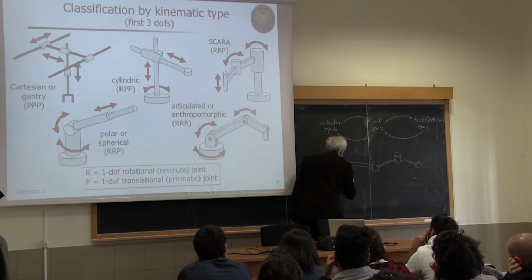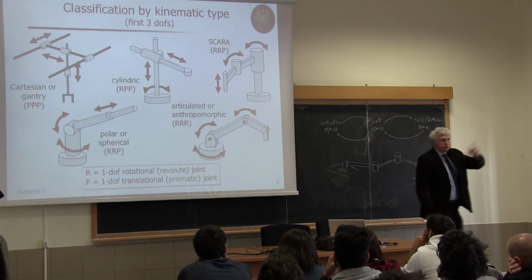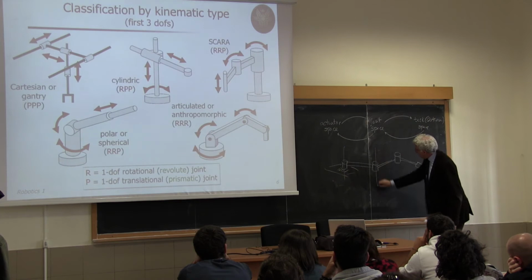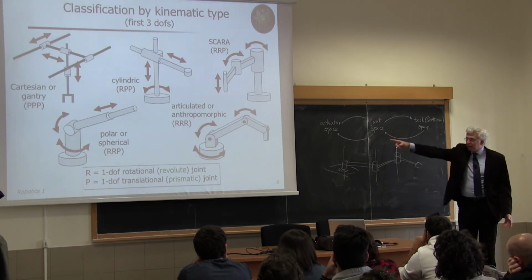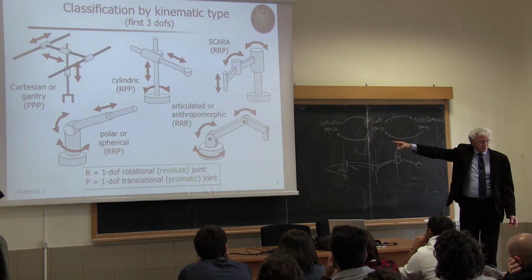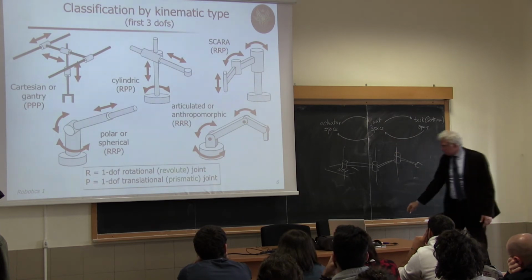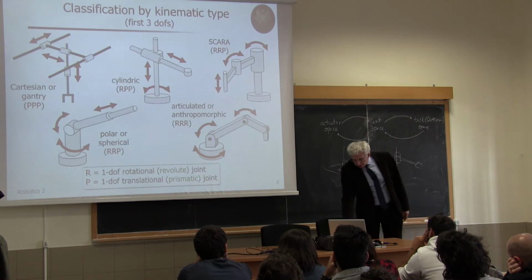A fully planar structure with 3 axes which are all parallel. This is 3R, so R, R, R, but it has a different kinematics from that one, clearly enough. Okay? So we need more than just this.